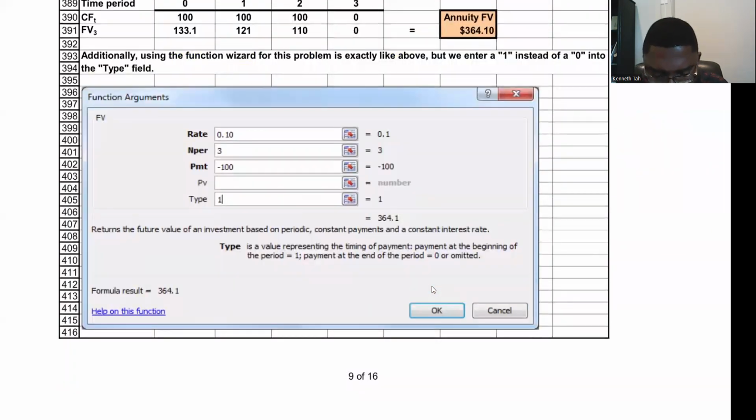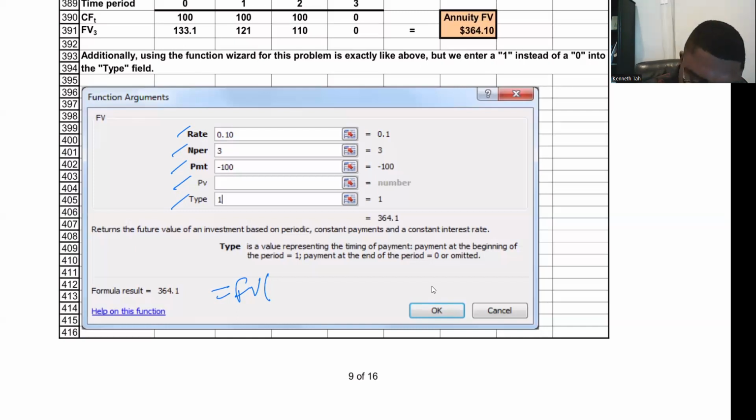If we are using Excel, then we need to specify the type. So if we take equal FV, Excel is going to ask for rate, for number of periods, for payment, for present value, and for type. So this type, that's what is very important. If we are doing an ordinary annuity, then the type is going to be 0. But if we are doing an annuity due, the type is going to be 1.